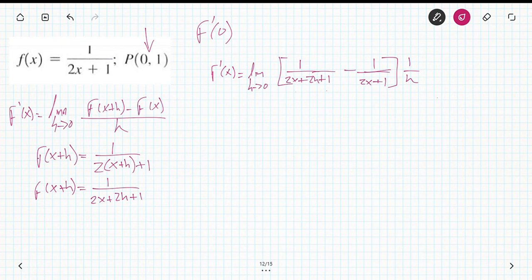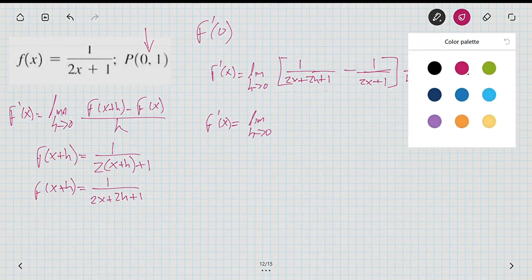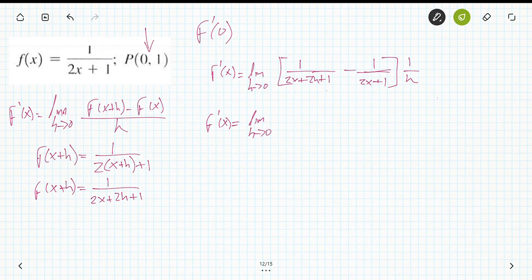So f prime of x equals the limit as h approaches 0 of, here we're going to use our skill that we learned. We're going to grab this numerator and put it here, and grab this numerator and put it over here. And then our new numerator is going to be the multiplication of both of those.